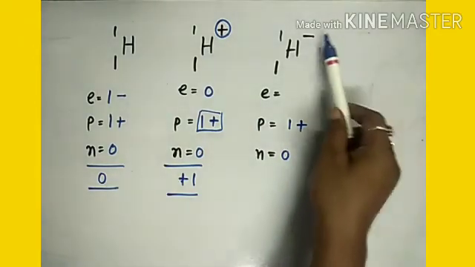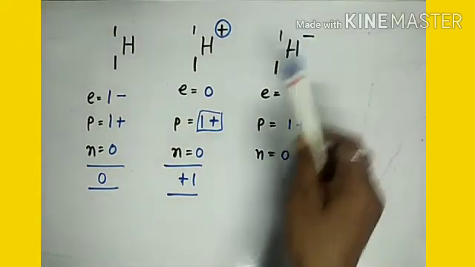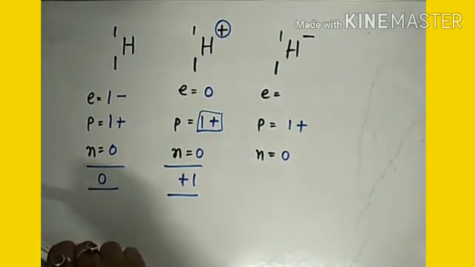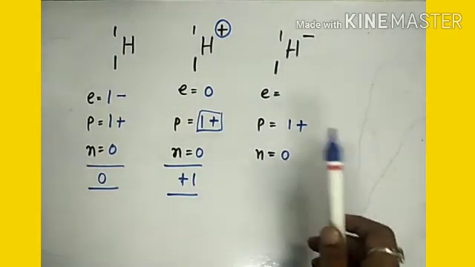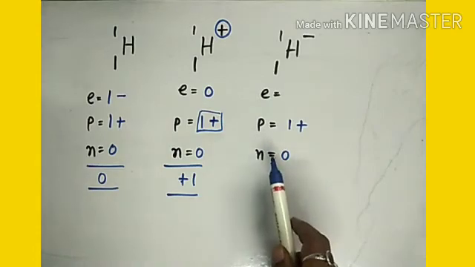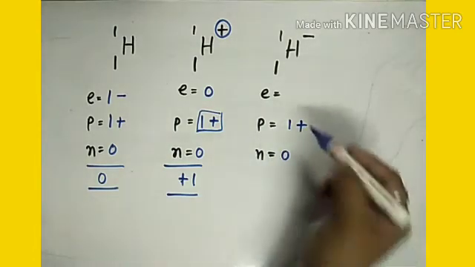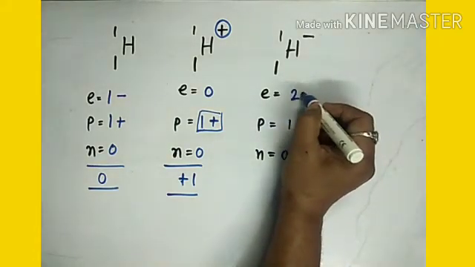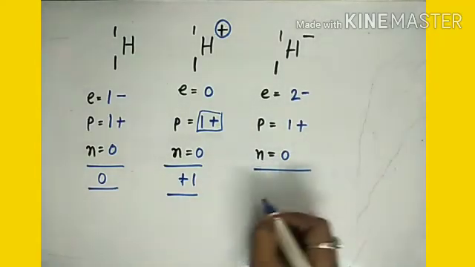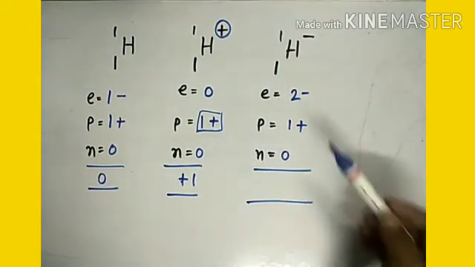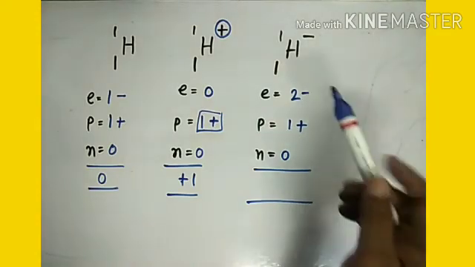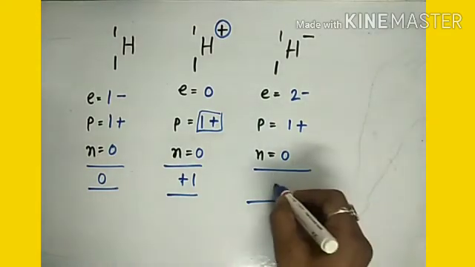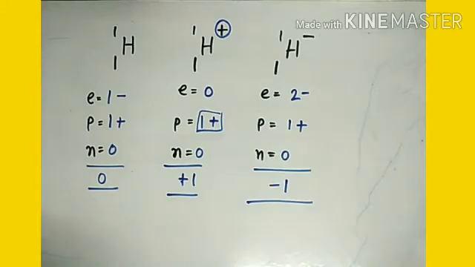But you see that there is a negative charge. It means you have to include one more electron. So the number of electrons here is 2. Now the charge will be, you have plus 1 and minus 2. So obviously it's minus 1. Clear?